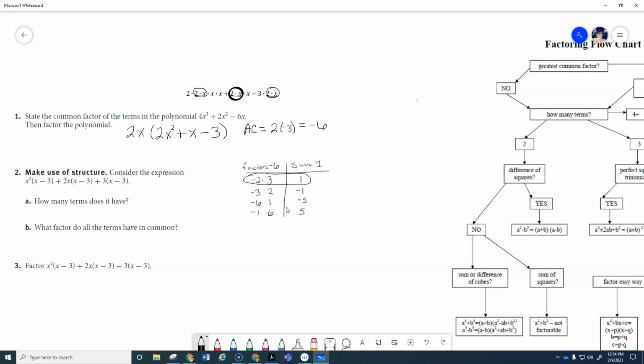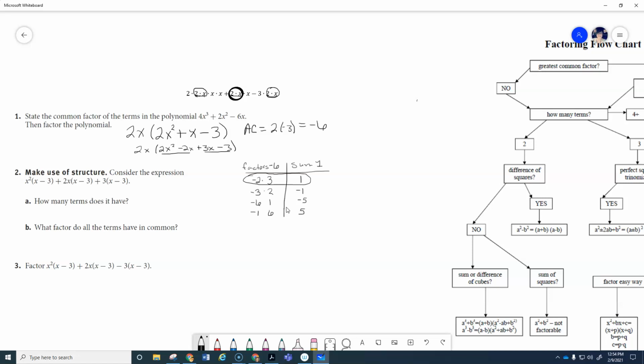So when we're using the AC method, we take this x and we separate it into these 2 terms. It is a 1, but if we separate them like this, then we're able to have 2 groups now, and each one of those groups has a GCF.